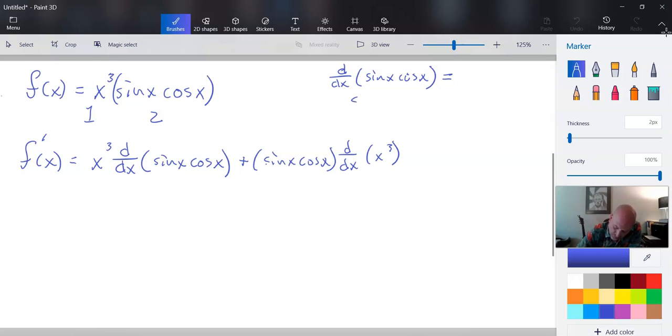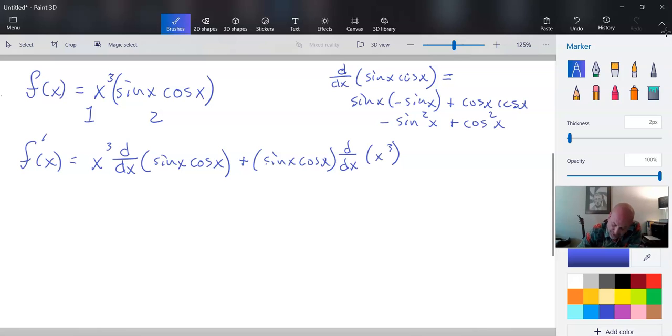So it's 1 d2 plus 2 d1. The derivative of sine is cosine, so what that ends up being is negative sine squared x plus cosine squared x.